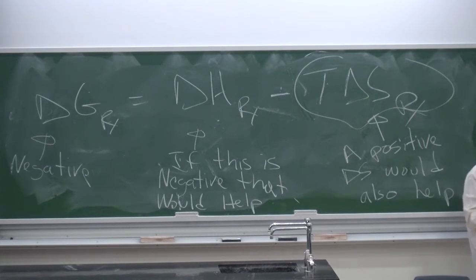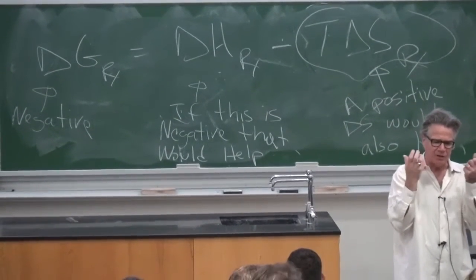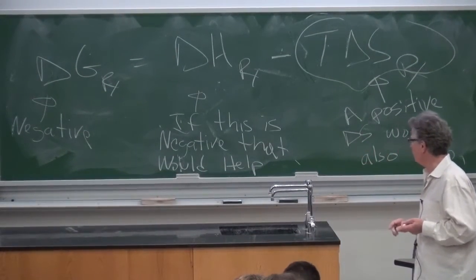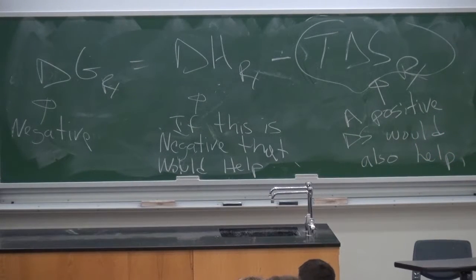So now you can see in simple equation form the components of these two things that can make a reaction product favored. A negative delta H will help, because that'll help make that negative. A positive delta S will help. That'll also help make that negative.